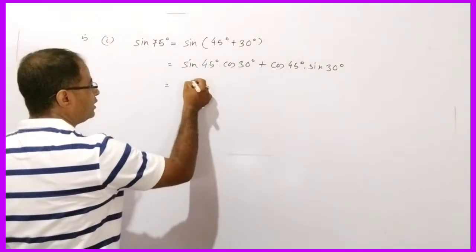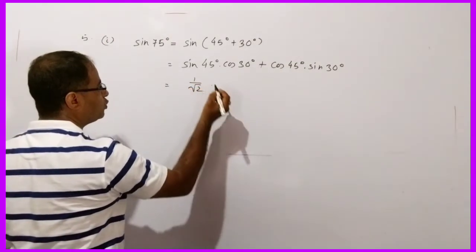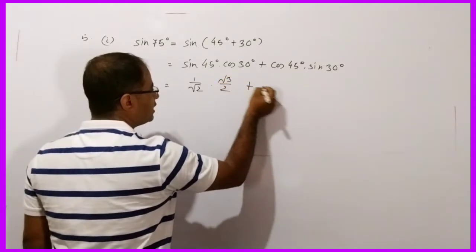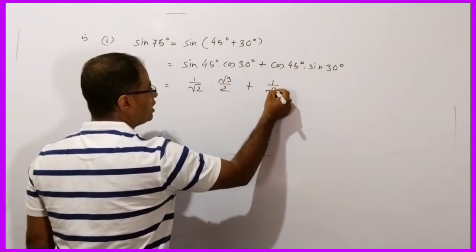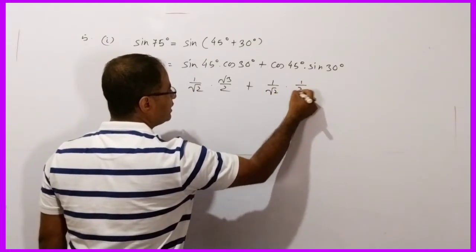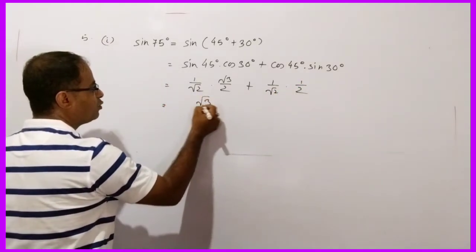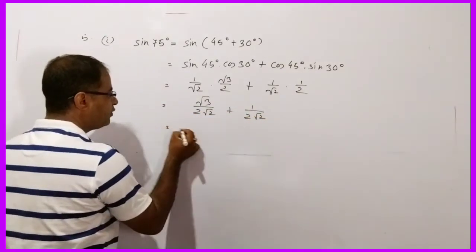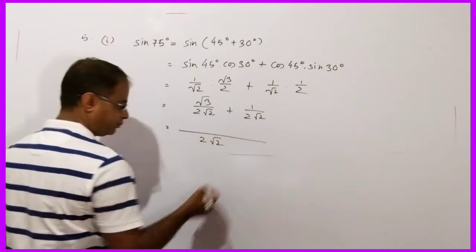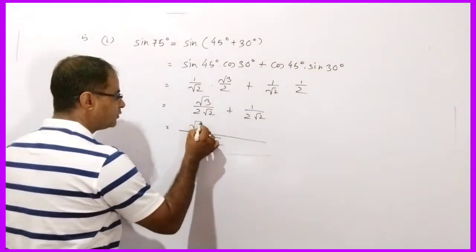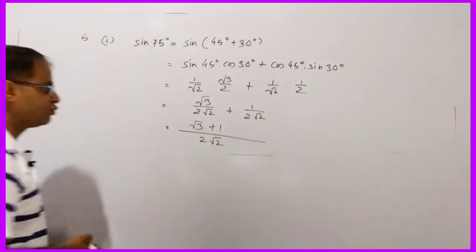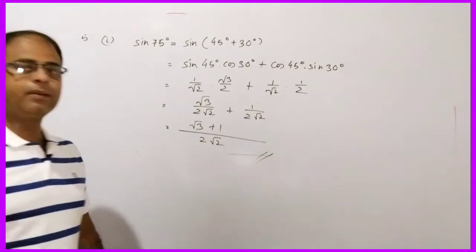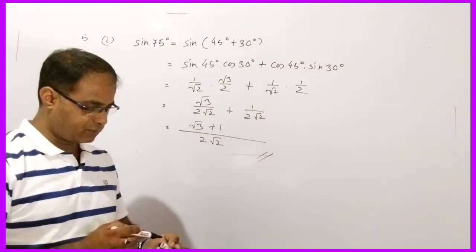Sin 45 degree is 1 by root 2, cos 30 degree is root 3 by 2, plus cos 45 degree 1 by root 2, sin 30 degree half, which is simply root 3 by 2 root 2 plus 1 by 2 root 2. If we take LCM as 2 root 2, then we get the result root 3 plus 1 divided by 2 root 2, which is the value of sin 75 degree. Clear?